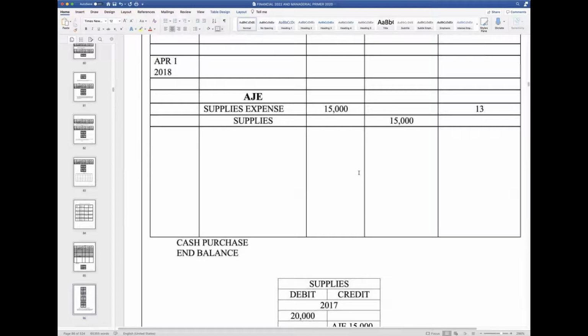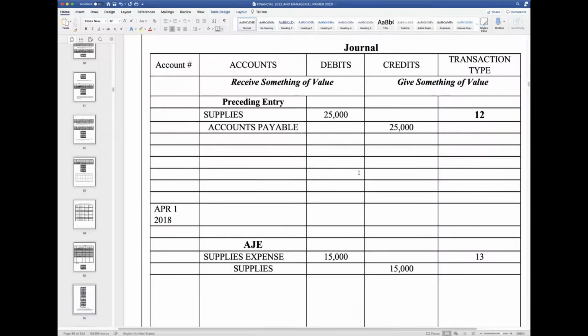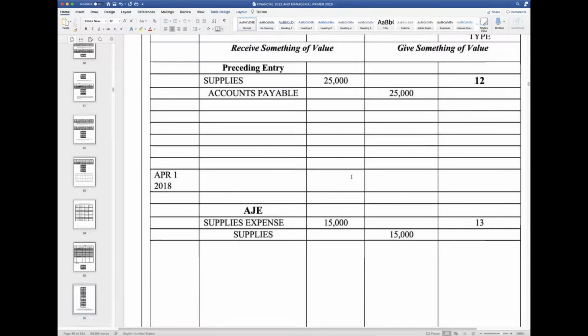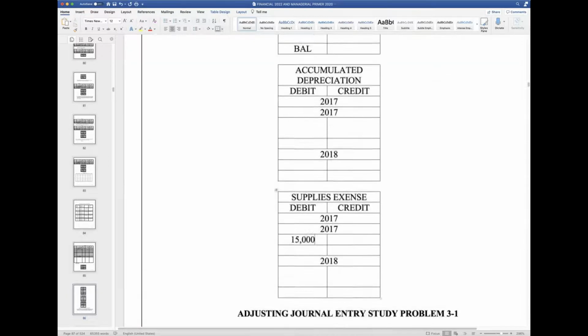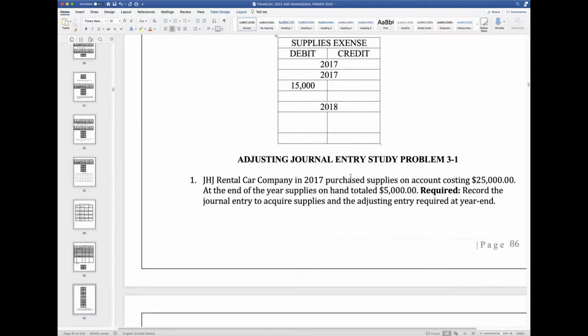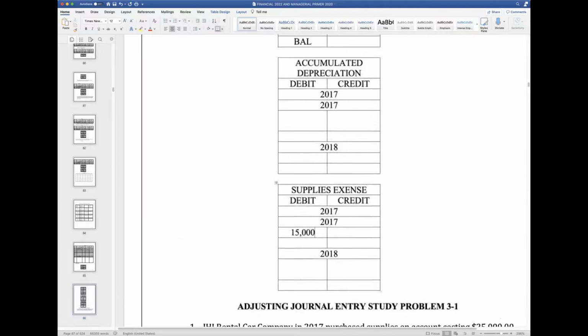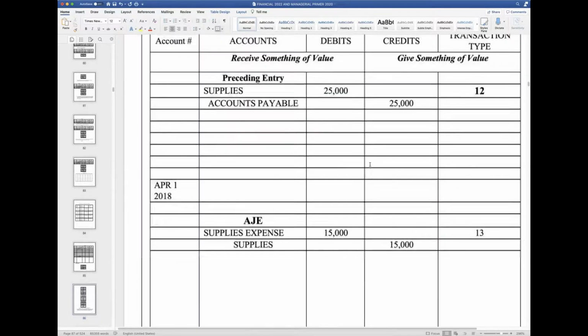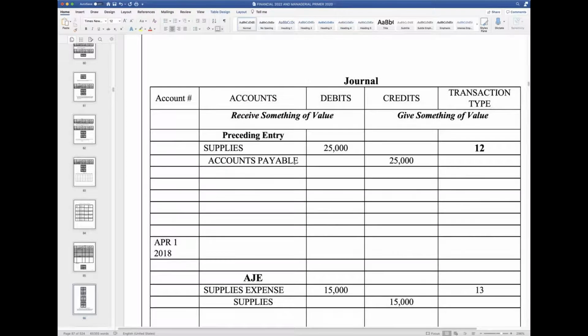The acquisition entry is this one, the preceding entry, where you acquired the supplies. Also, the acquisition is the journal entry. That's it. Okay, cool.